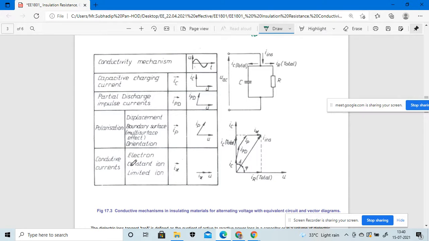Here we are choosing different parameters, and for them we see the variation of the conductivity and the vector representation of the equivalent circuit. That will be shown here, right?